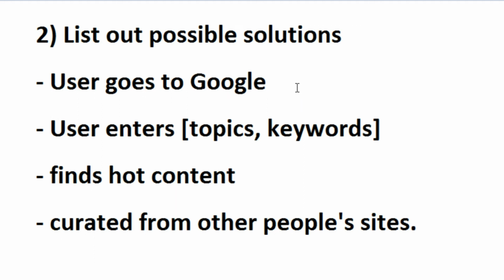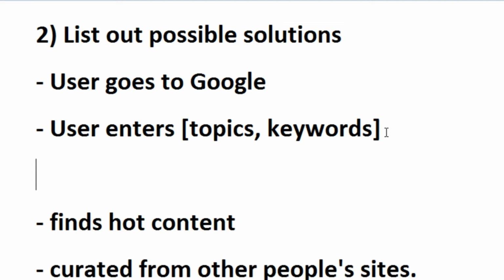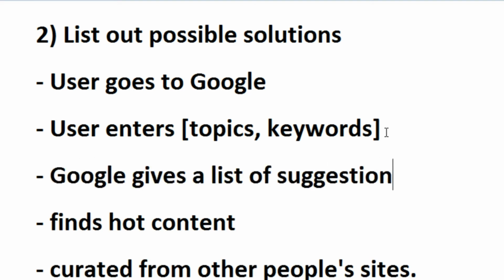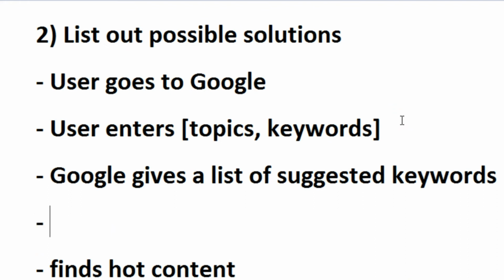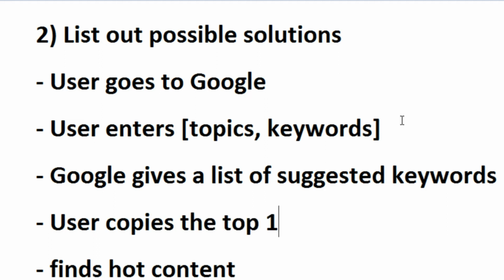User goes to Google, user enters topics and keywords. Google gives a list of suggested keywords. And the normal process is that the user copies the top 10 suggested keywords.